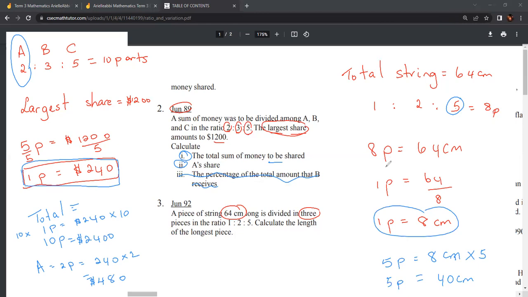Right, so that will be the number of parts. And then they'll give you some piece of information about one of the given parts, whether it was the total or the largest or the smallest. But you use that information to find for one, and then you could find for however many.